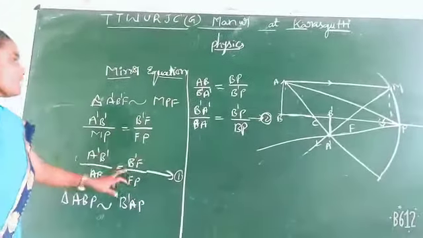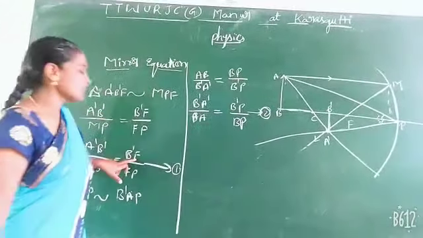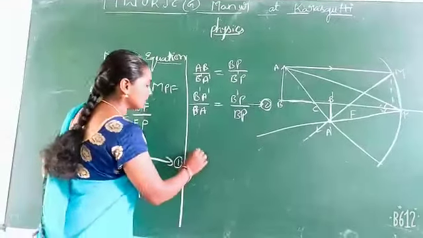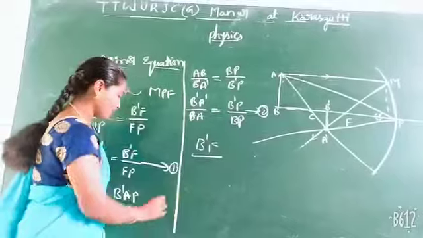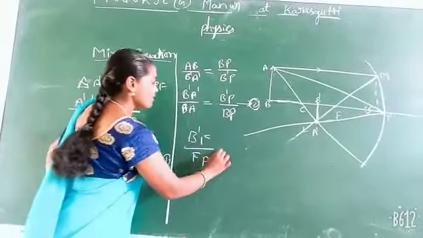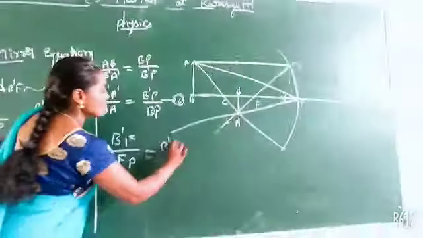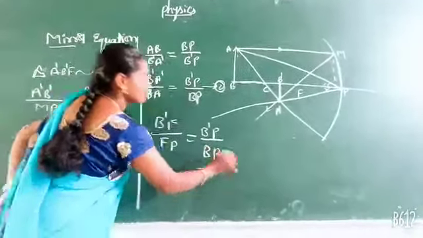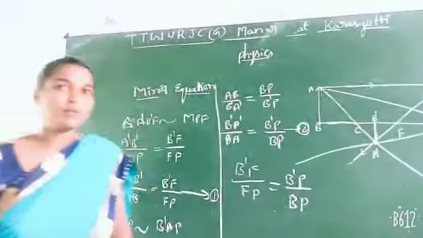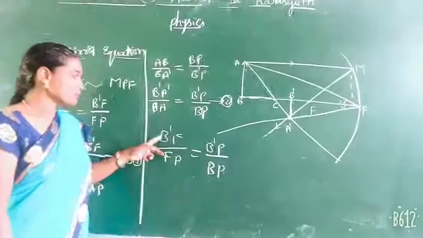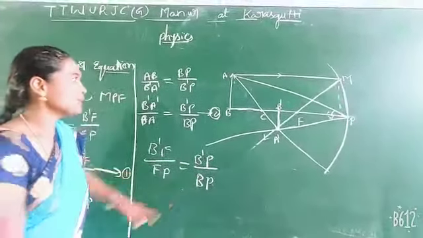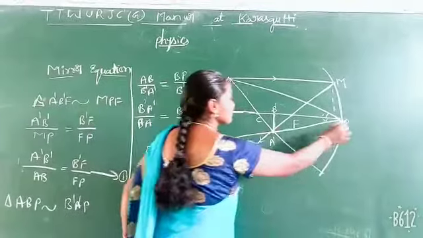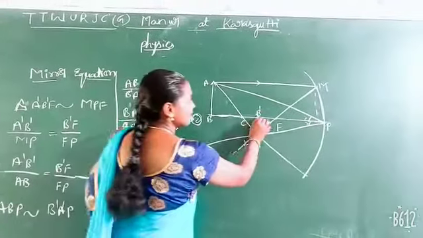In equation 1 and equation 2, the left hand sides are equal. So we can equate the right hand sides: B dash F by FP is equal to B dash P by BP. B dash F is nothing but this distance.